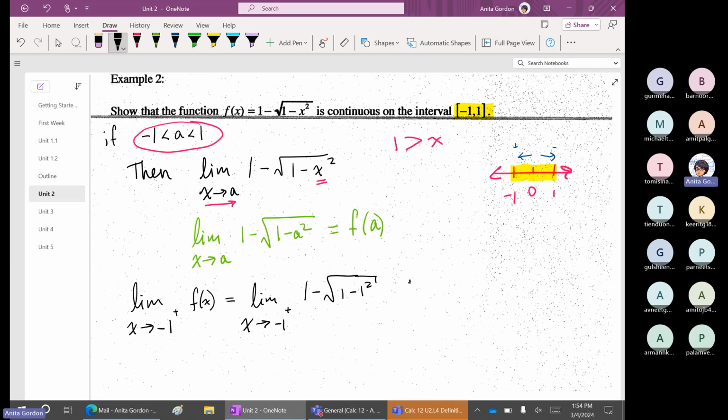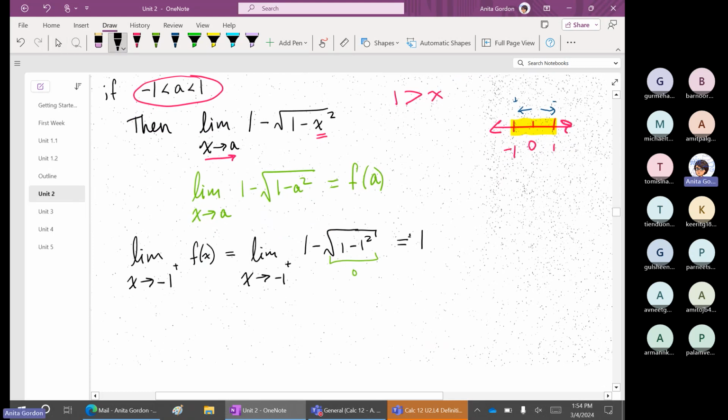I know that this represents x close to -1 from the right. So if it's -1 squared, this will give me 0 here. I could do that.